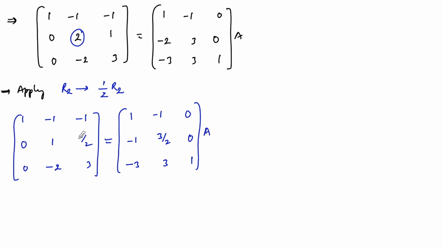Now using this one, we have to make the other two elements zeros. Means this element minus 1 and minus 2, we have to make them 0 without disturbing the first column 1, 0, 0.